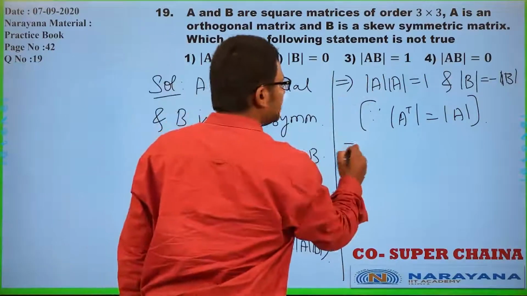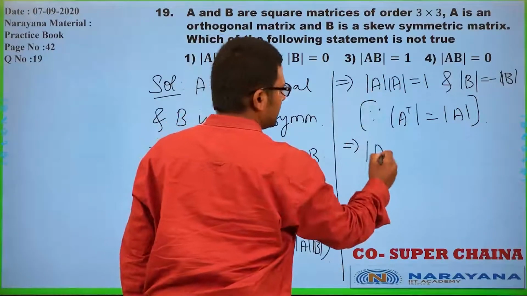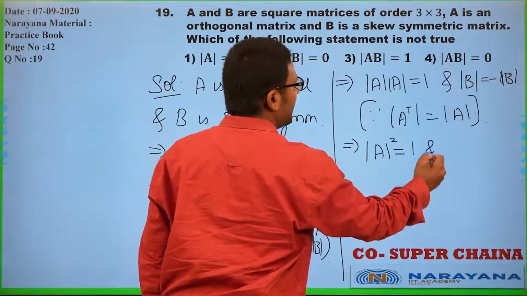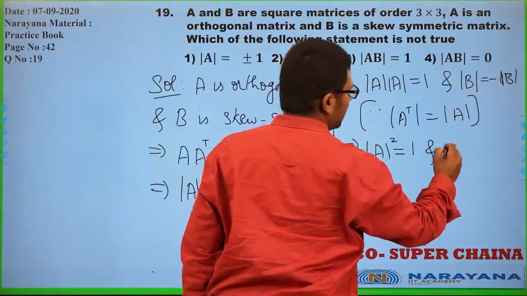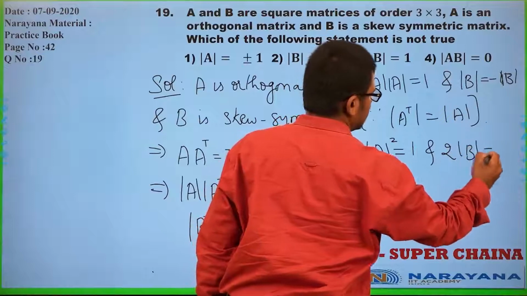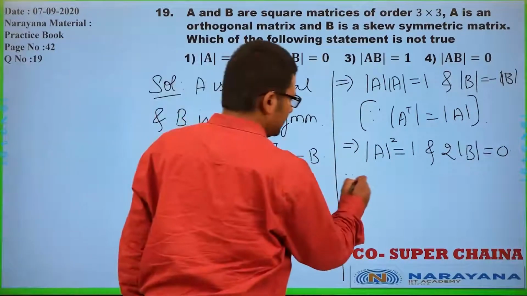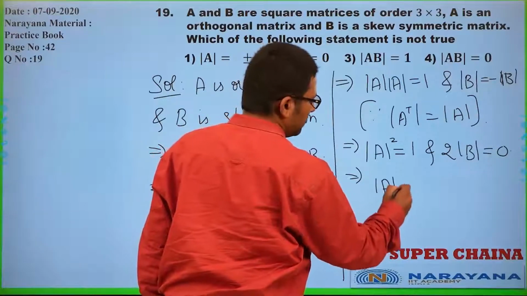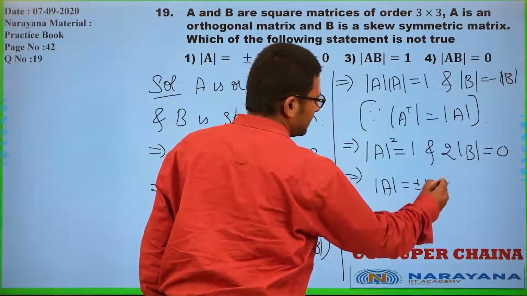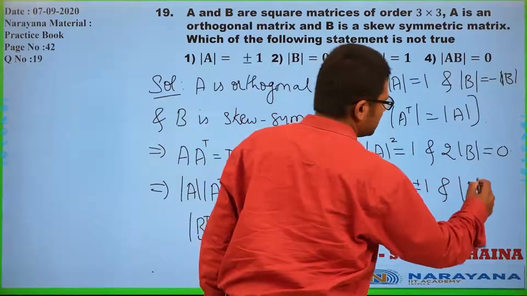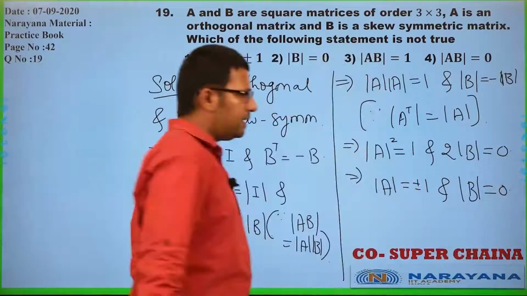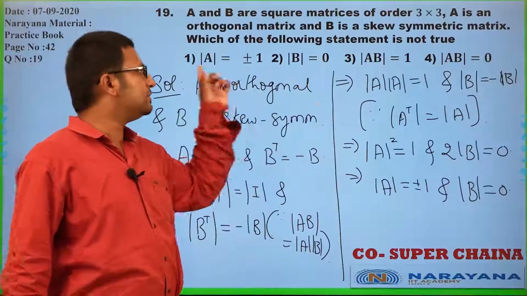Now from these two we will conclude mod A square is 1, and if you bring minus mod B across, 2 mod B is 0. Correct? Now mod A square is 1, that will tell us that mod A is plus minus 1 and mod B is 0. Okay? Now we have all the information we need to proceed.